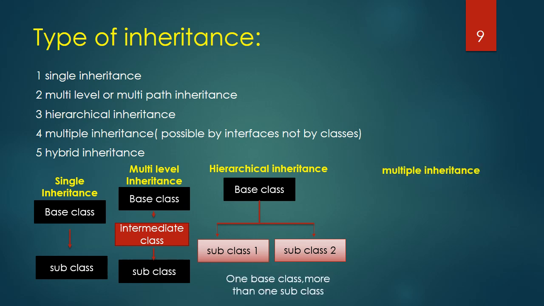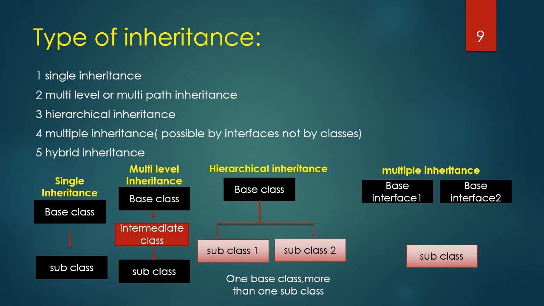And multiple inheritance. Multiple inheritance is possible by using interfaces, not by classes, but I am showing that structure here. In this inheritance there will be more than one base interface, and from those interfaces one subclass gets the properties, and those properties will be implemented in the subclass.